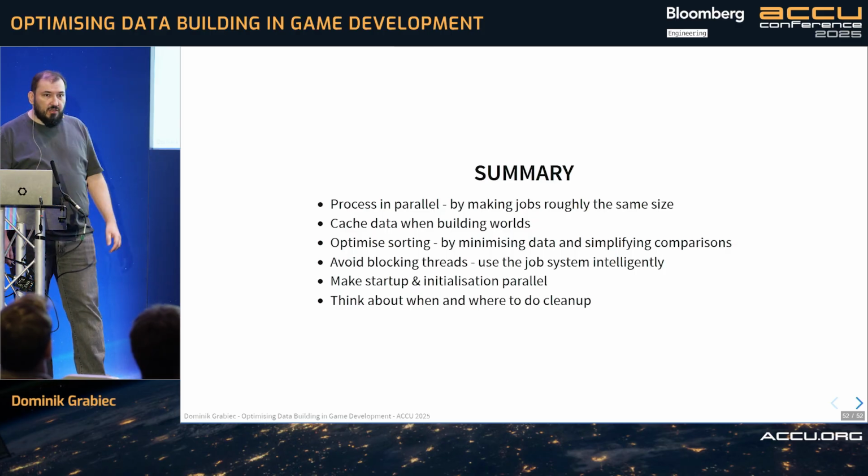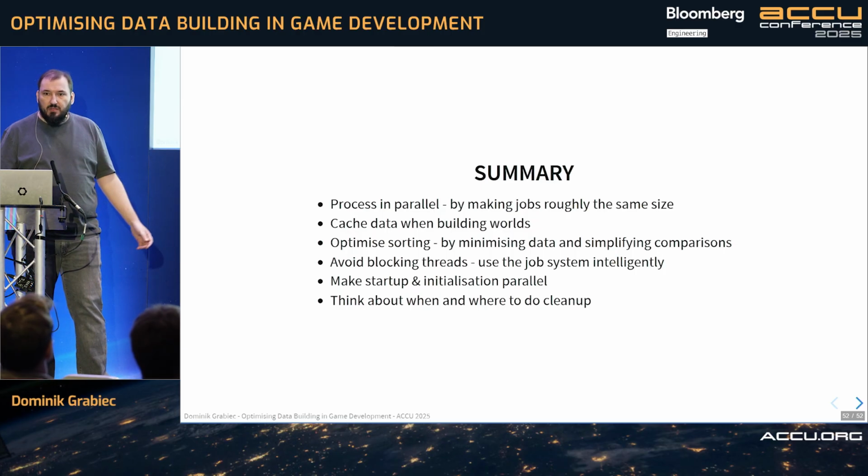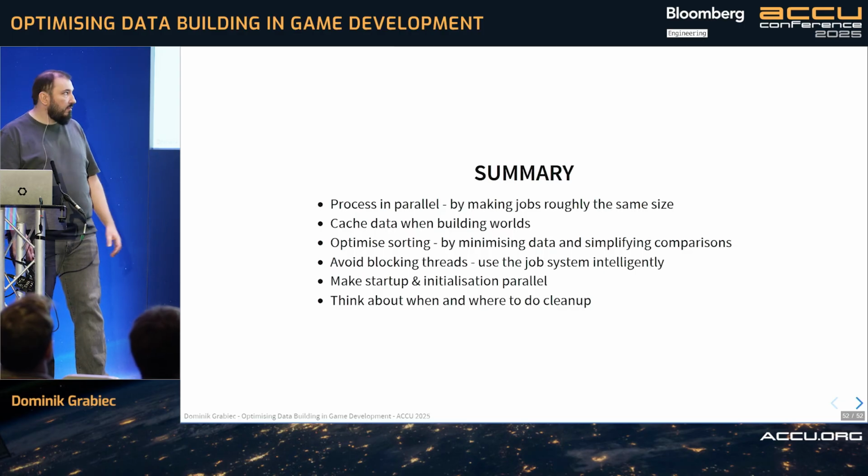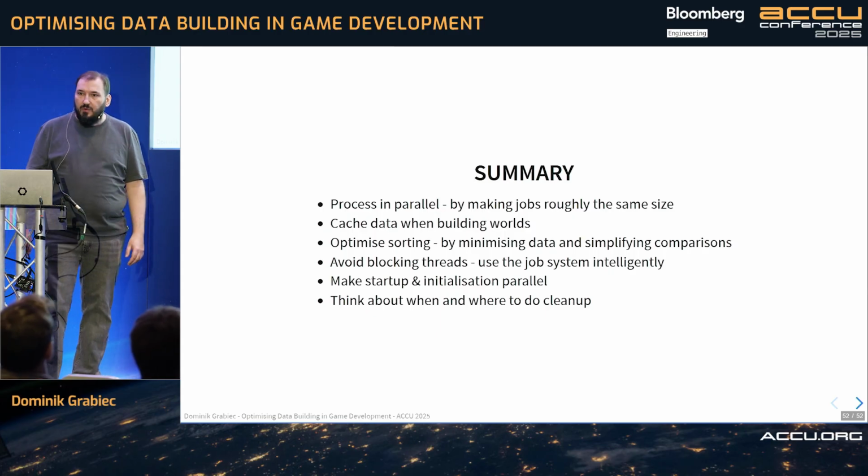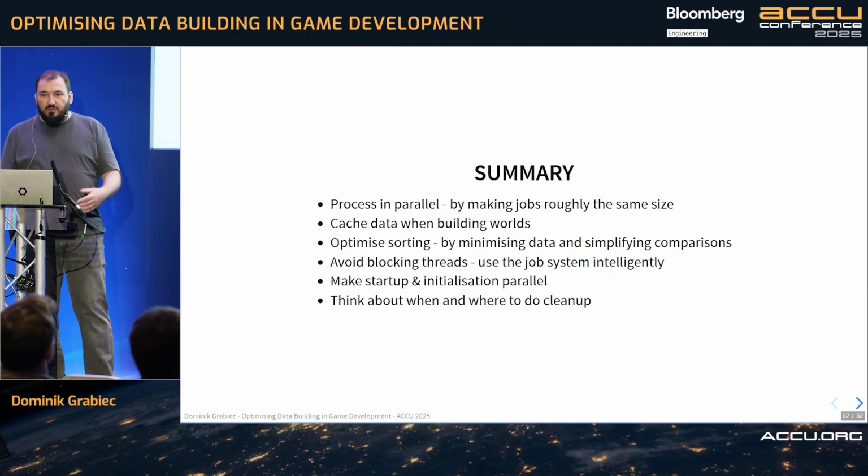Make startup and initialization parallel. That's a fixed cost at the start of every program, so it makes sense. And think about when and where to do cleanup. At the end of the program, do you actually need to free all the memory, or can you let the OS handle it? Things like that.